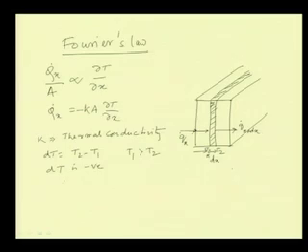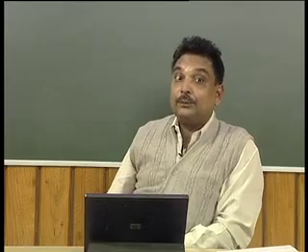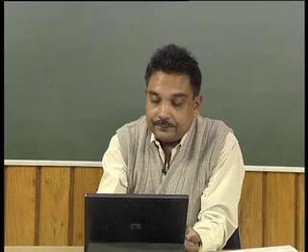Now, this K is called thermal conductivity, and its SI unit is watt per meter per Kelvin. This thermal conductivity is a property of a material. If this K value changes with position in the material, then we say that the material is anisotropic.